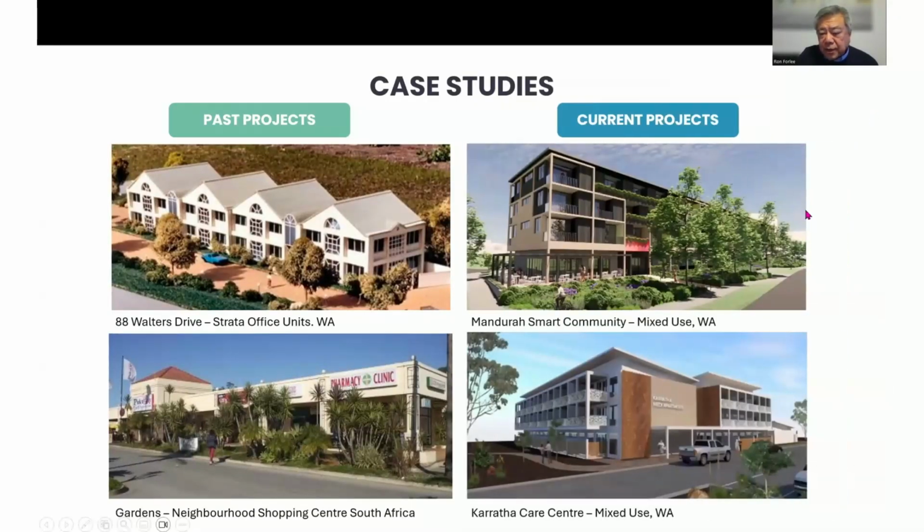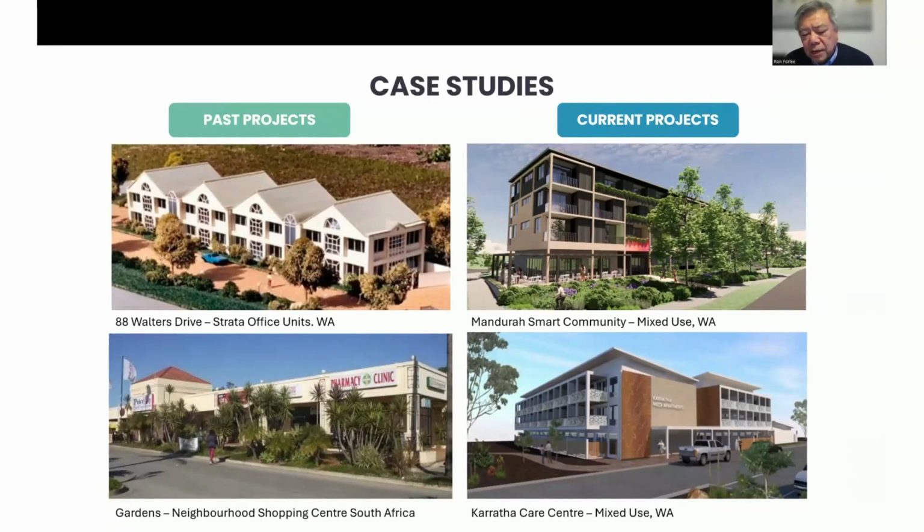So I'll go to another case study, where current projects we're doing. There's 2 of them. The one that Sue is an investor in, that's the manager of Smart Community. It's a mixed use project and it aligns with the principles of ESG. So we're going to be a forerunner into this type of development, as I mentioned.